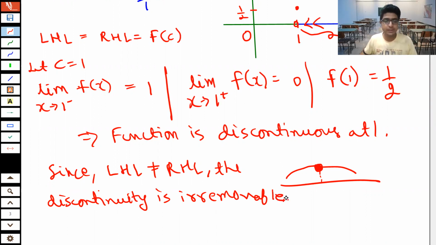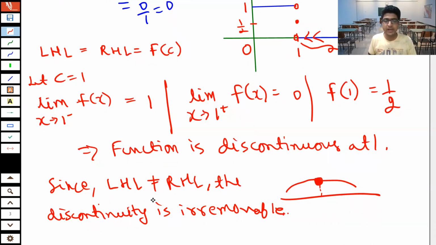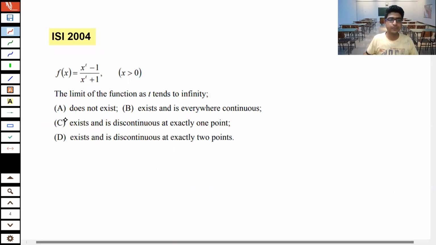So in this video, you got to revise discontinuity, and removable and irremovable discontinuity. Now, based on what we just studied, you can practice this question of ISI 2004.